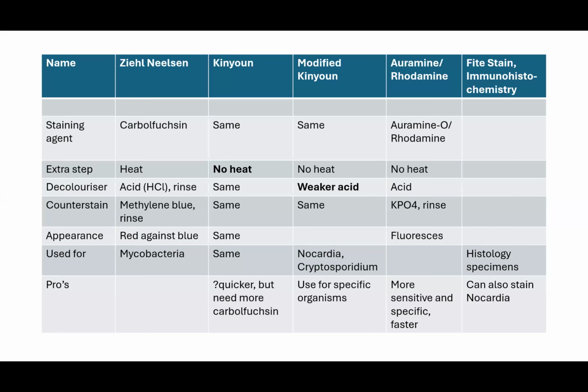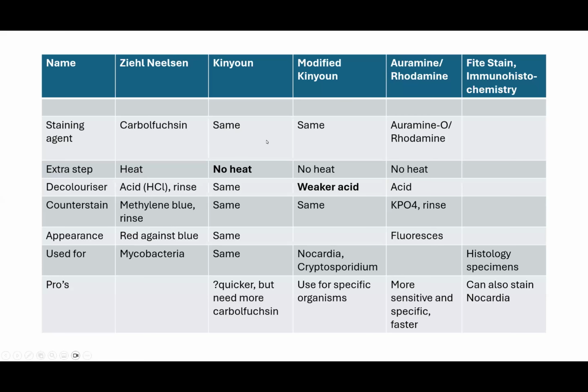Then you decolorize it with 3% hydrochloric acid, rinse that off, and then put on the counterstain, which is methylene blue, and rinse that off. So essentially whatever is acid fast, even in the face of this acid, will hold on to the red coloring. Then you rinse the rest off and put the methylene blue on, and that will show up the background. So you should see red against blue, and that's used typically for mycobacteria, and a few of the other things I mentioned, the parasites possibly.